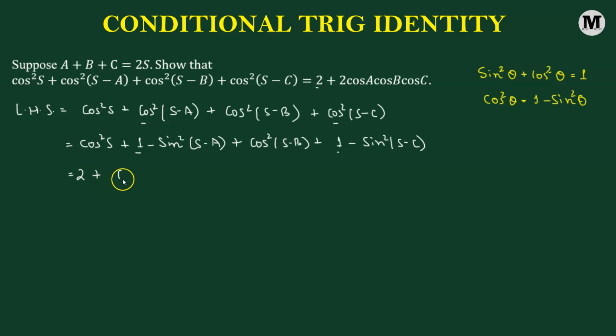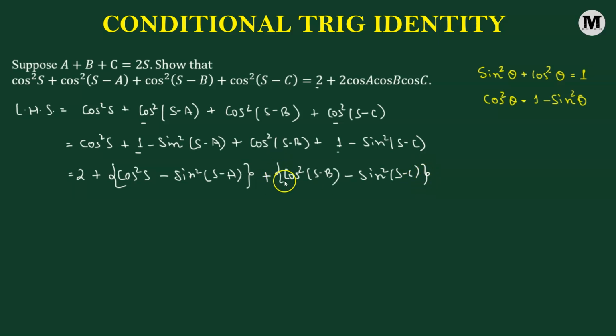Plus, now we're going to take the first term, cosine squared s, and combine it with sine squared (s minus a). We have a standard formula, we'll come to that in a moment. Added to, next we're going to take cosine squared (s minus b), and from it we're going to subtract sine squared (s minus c).